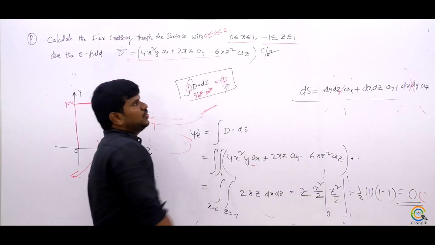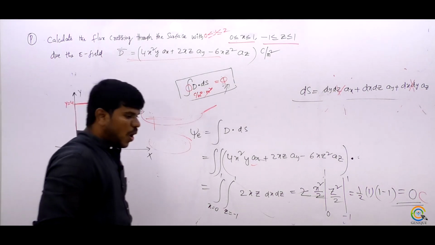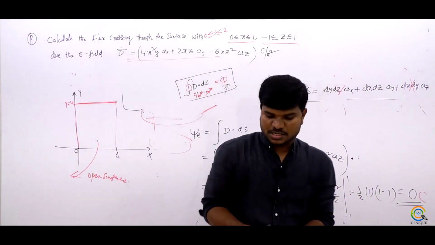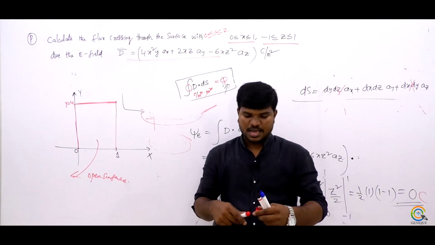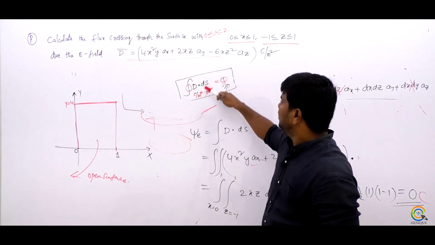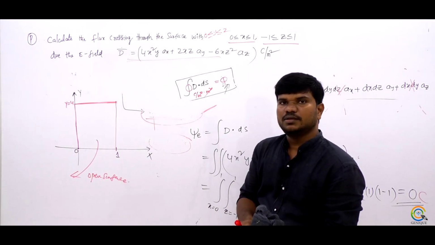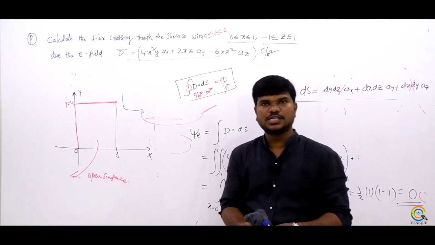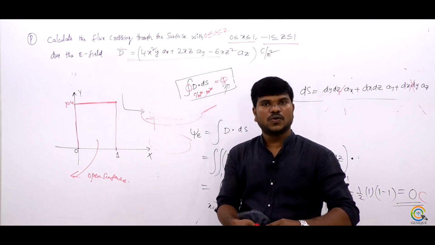So like this you have to proceed with these questions. All the things you have to remember: what is Gauss law and what is Ampere's law. And one more important thing is, for finding these kinds of integrals, dS, dL, dV must be known. That means differential volume, differential length, and differential surface area must be known.